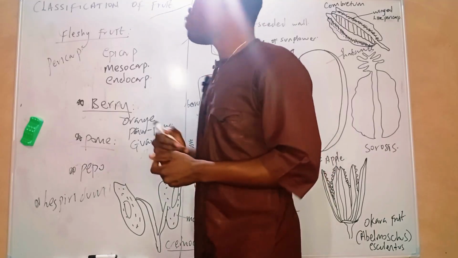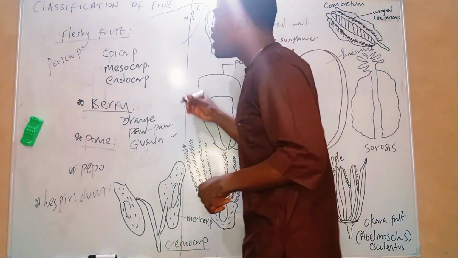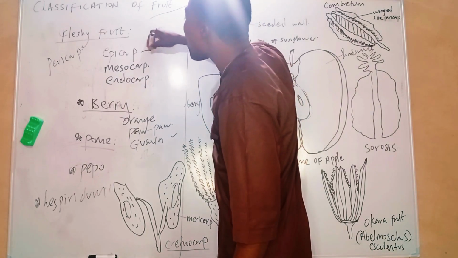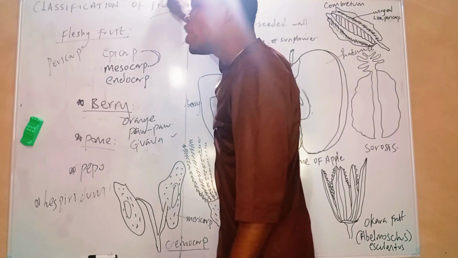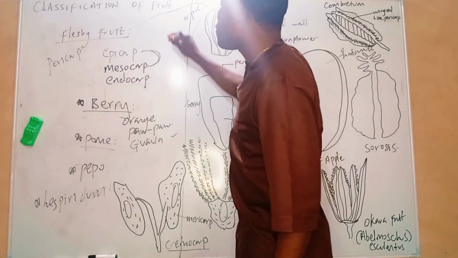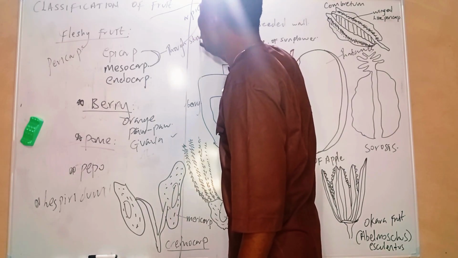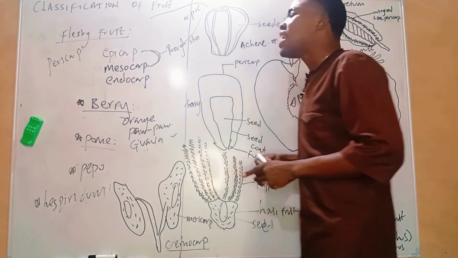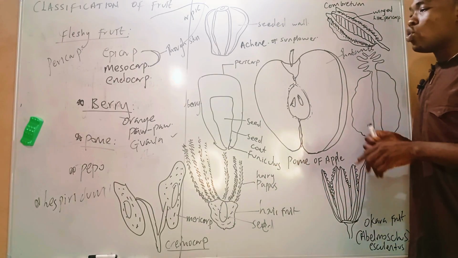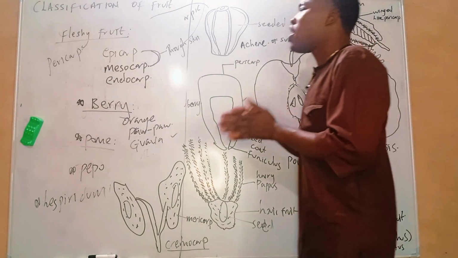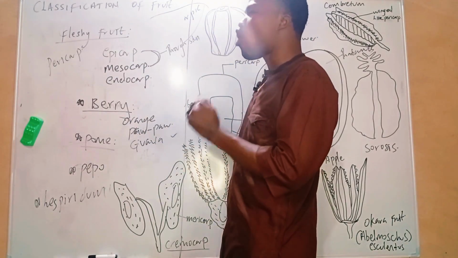What's a pepo? A pepo is a type of fleshy fruit in which the epicarp and mesocarp, though they are fleshy, form a tough skin, making the endocarp 100% fleshy and succulent. So pepo are fleshy fruits that have the epicarp and mesocarp forming a tough skin.